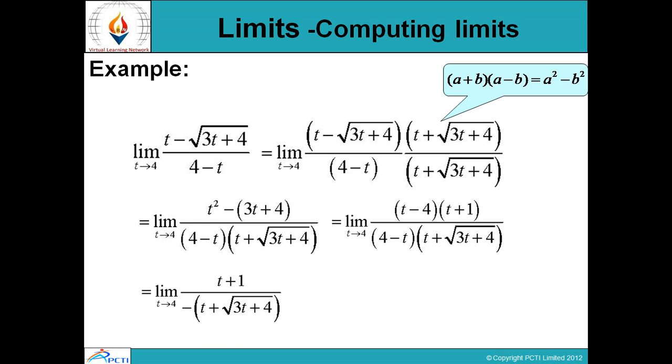So it becomes limit t tends to 4 of −(t + 1)/(t + √(3t + 4)). Putting 4 in place of t, the value of the numerator is 5 and the value of the denominator is 8. So the final answer of this example is −5/8.